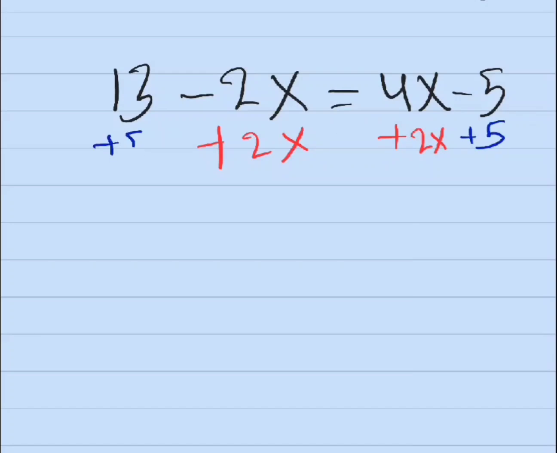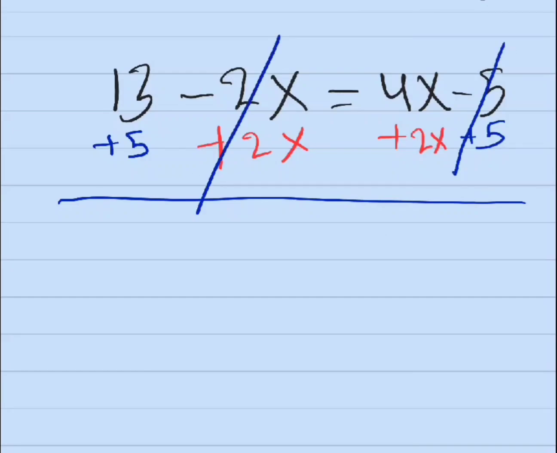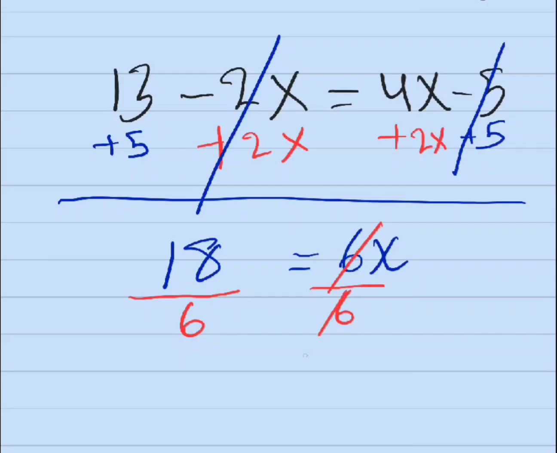Doing it this way will allow me to get rid of all the x variables on the left and all the constant terms on the right. So on the left, I just have 13 plus 5, which is 18. And on the right, 4x plus 2x, which is 6x. So now all I need to do is divide both sides by 6. And so x is going to be 18 divided by 6, which is 3.